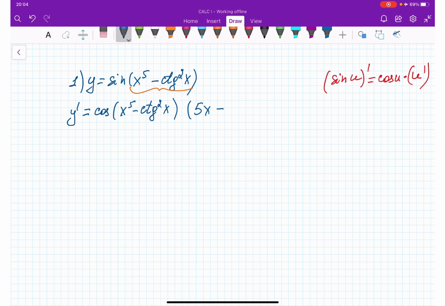It's going to be 2 cotangent x, right? And then I'm going to multiply by also the derivative of cotangent.